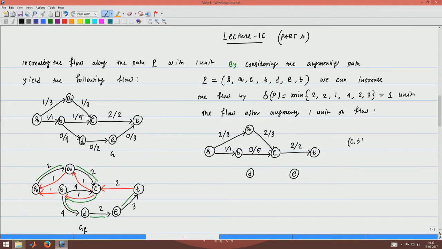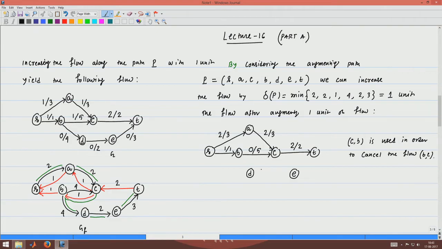C B is used in order to cancel the flow B C. You just remember that use of a backward edge in the augmenting path is basically cancelling that flow. So here is the use of the residual network. I will explain it again.